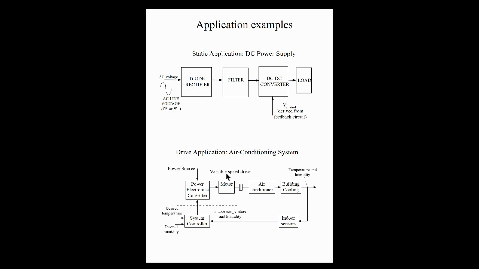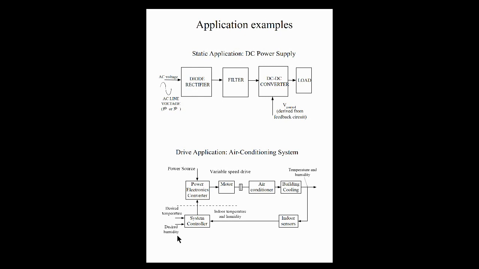All right, now when we look at the next application, the drive application is using the AC system. The whole aim of this type of system is for you to have cooling. So how are you going to maintain a particular temperature?